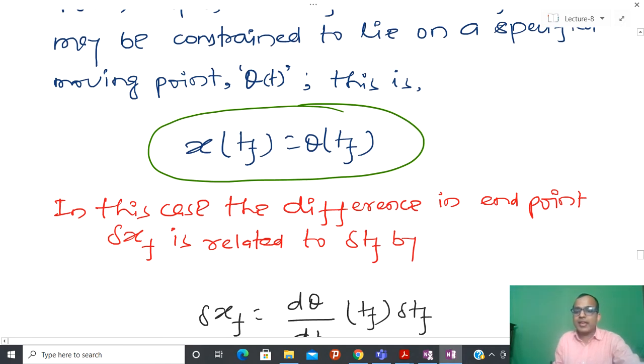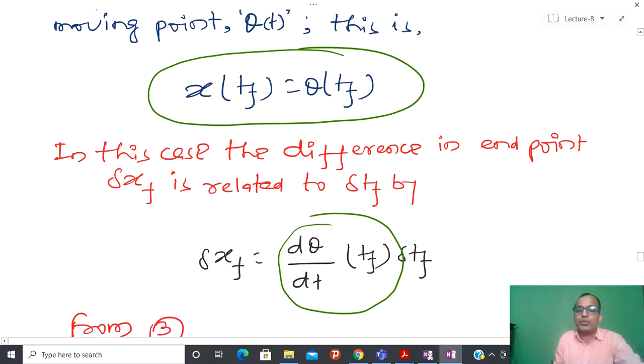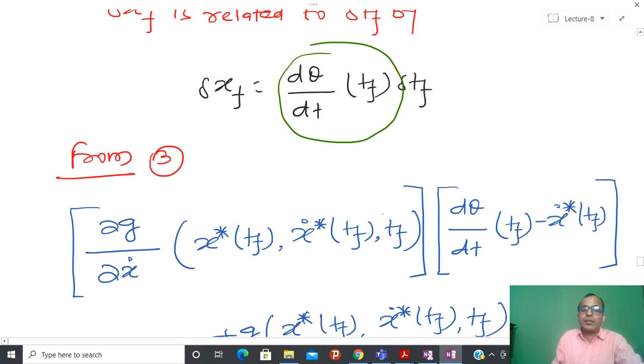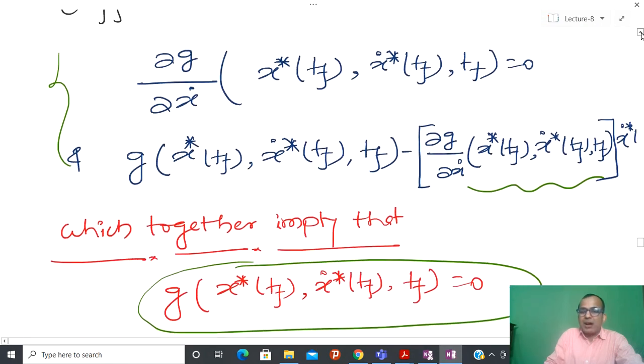In this case, if you obtain the variation of delta x(tf), then due to a small variation of delta x(tf), it is possible to show that I can write this as a differential, in terms of the variation of delta tf. So if you substitute this, I have the third equation.